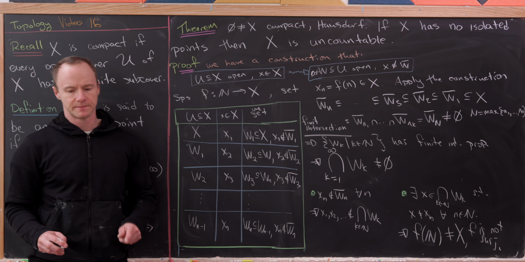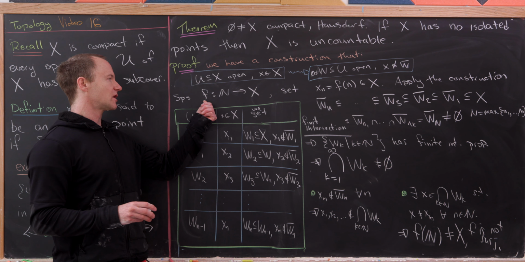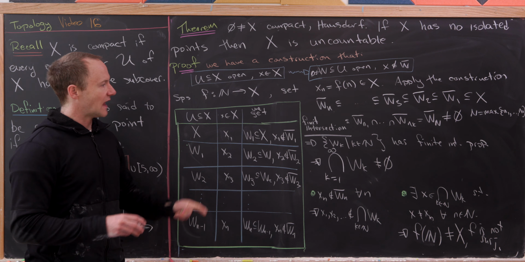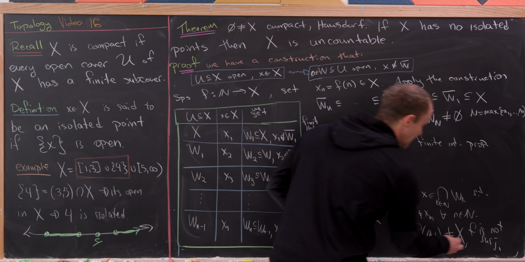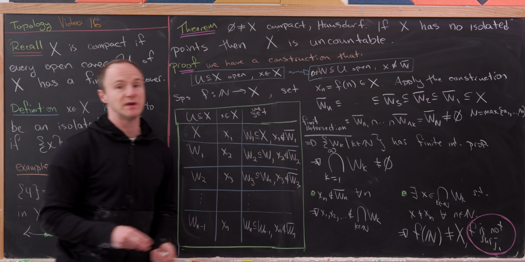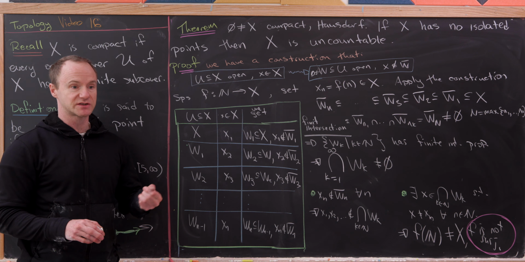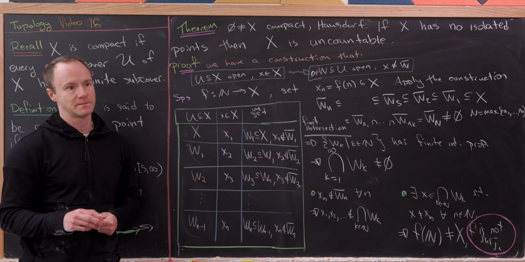Okay, good. Now let's take a step back and see what we've done here. We started with an arbitrary function from N to X. And through this argument, we showed way down here that it is impossible for f to be surjective. But if it's impossible for f to be surjective, then it's impossible for f to be bijective.